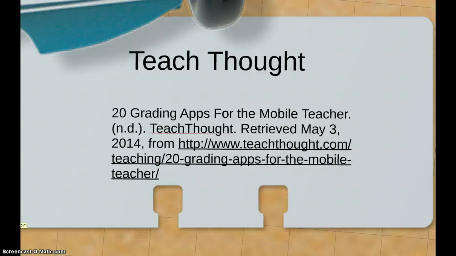Here's the Teach Thought. I thought this was awesome. This will give you other apps that will help you with grading or assessments if you're looking specifically for a certain kind of assessment or want to modify it. That gives you a whole list of 20 different apps that you can click on and find out all information. So this would be a good tool to have inside your pocket.